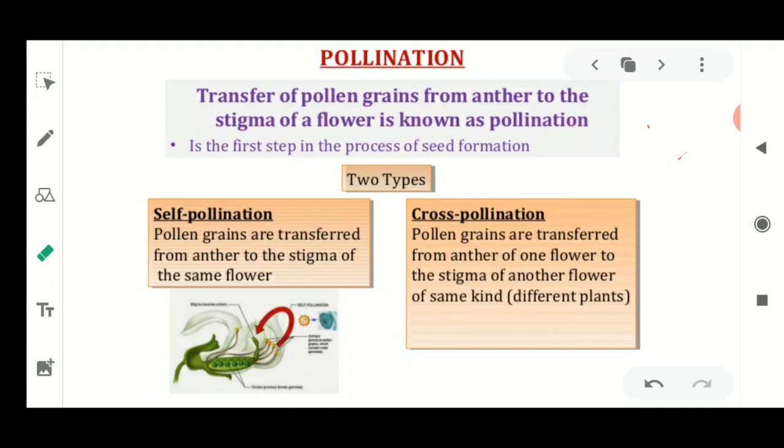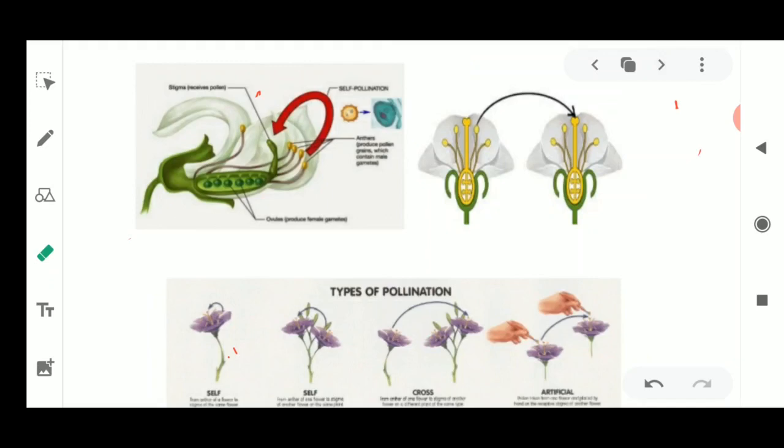The reason I have told you now. You can also make a list of unisexual and bisexual flowers to understand cross and self pollination. So this is the first step of sexual reproduction, that is pollination. Fine.